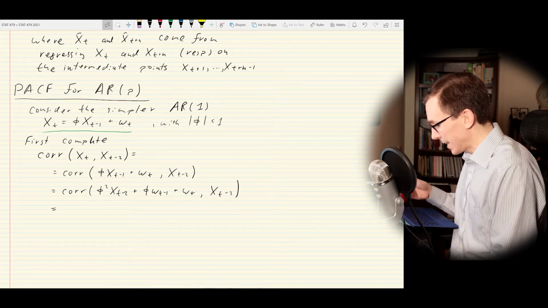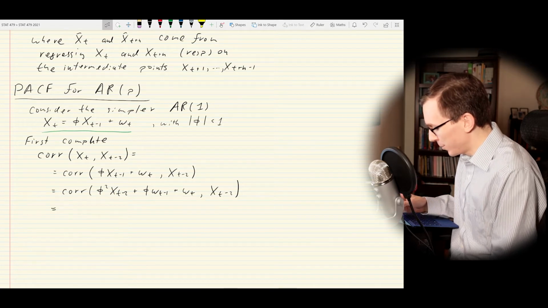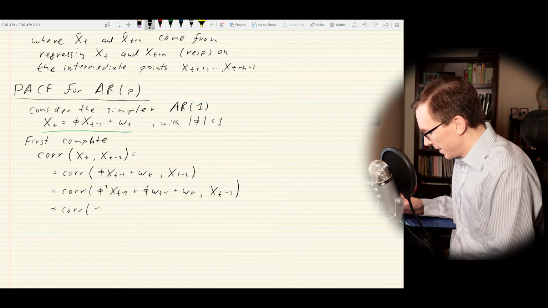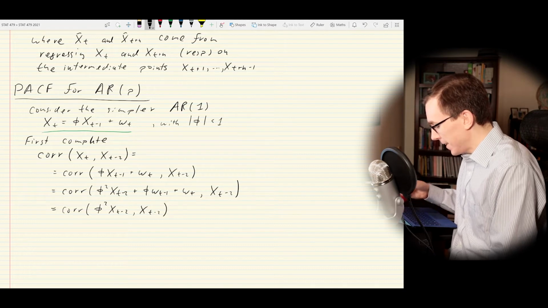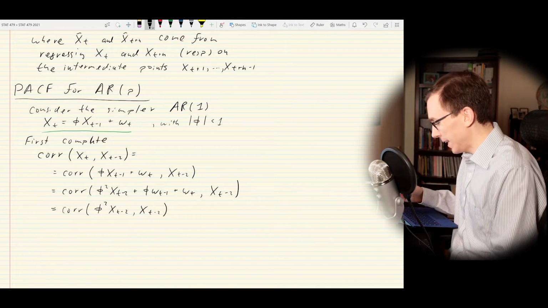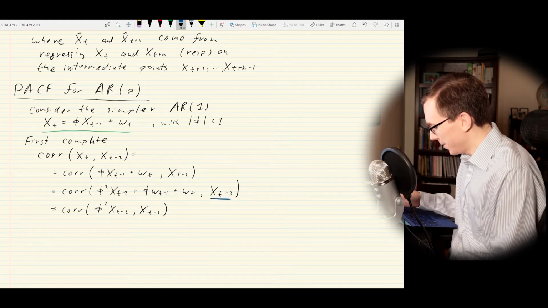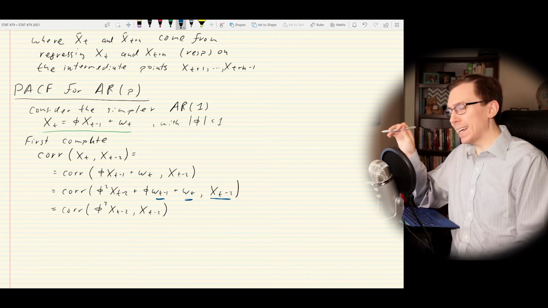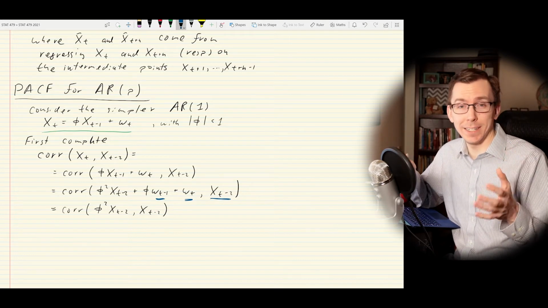Anyway, maybe we should actually write it out as covariance, but we'll just write it out like this, because there isn't going to be any correlation between x_{t-2} and w_t or w_{t-1}. Because remember, x_{t-2} is a causal linear process.